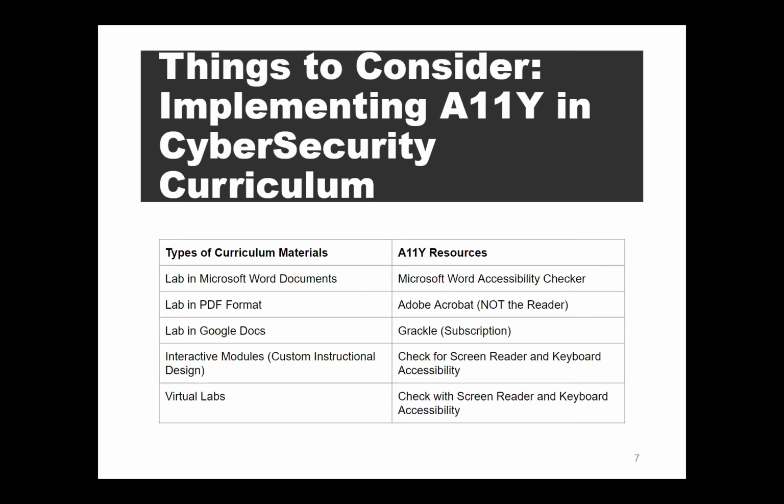I use a lot of Google Docs because I collaborate. Post COVID-19, I work with my students, and when I work on a document, I use Google Docs. It's easy, and I can just go do stuff. Unfortunately, Google Docs doesn't have a full version of accessibility checking. There's software called Grackle that you can add as an add-on in Google Drive.